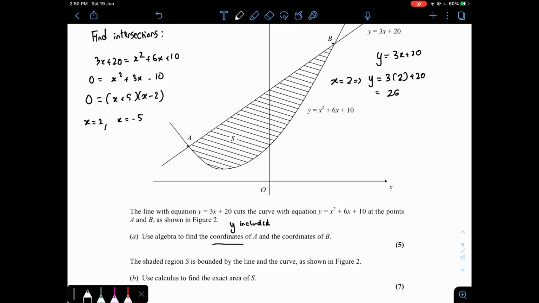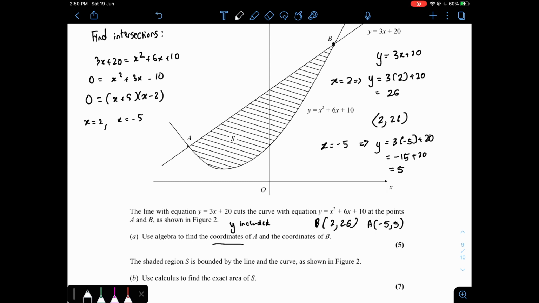This is clearly the higher one, so B is (2, 26). For x equals negative 5, y equals 3 times negative 5 plus 20, which is negative 15 plus 20, so 5. So A will be (negative 5, 5). That's pretty good. Part B: the shaded region S is bounded by the line and the curve as shown in figure 2.